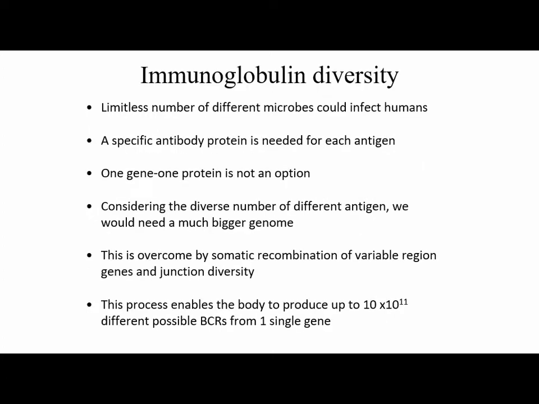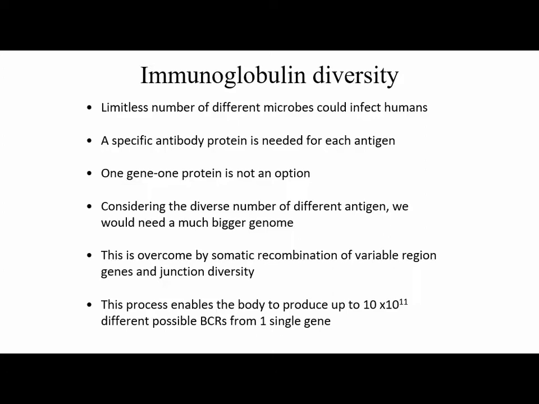Okay? Now, in terms of this essay, I want you to give a context, okay? So the whole rationale to create antibody diversity is that there is a limitless number of pathogens that exist in the environment. Now the problem is, if we had one gene for every pathogen that we're exposed to, you would have an insane amount of genes to deal with that, okay?